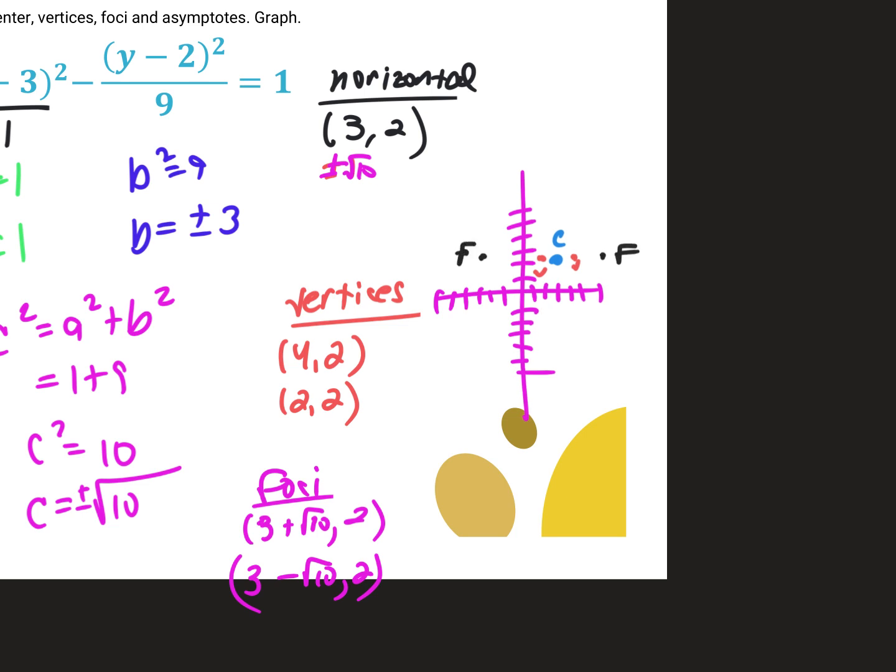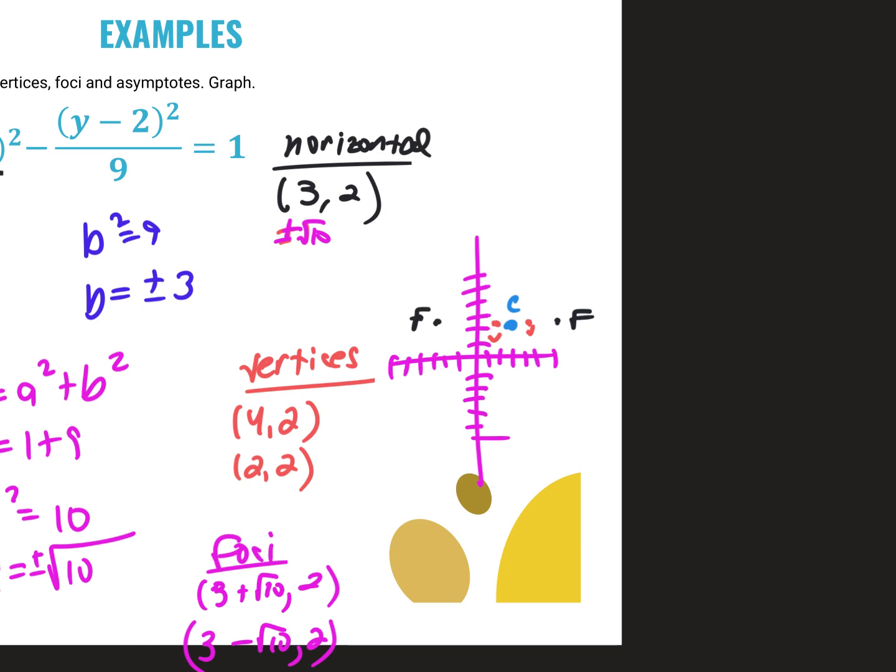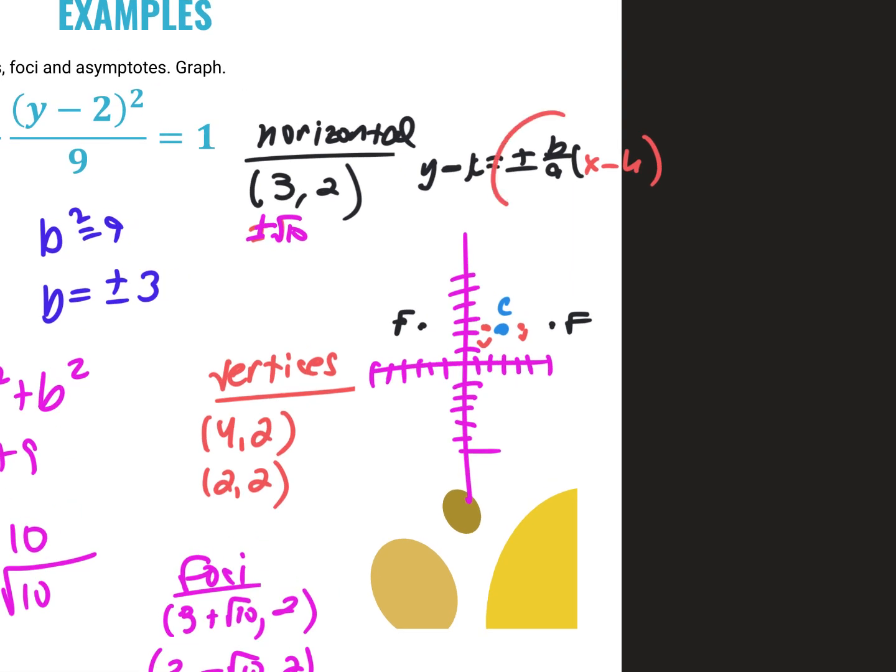And then how do you find your asymptote? What kind of a hyperbola do I have? Horizontal. So the equation of your asymptote is y minus k equals plus or minus b over a times x minus h. But again, guys, you don't have to worry about plugging that in. All you have to know is the b and the a.